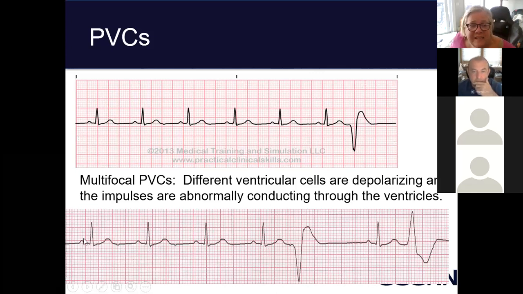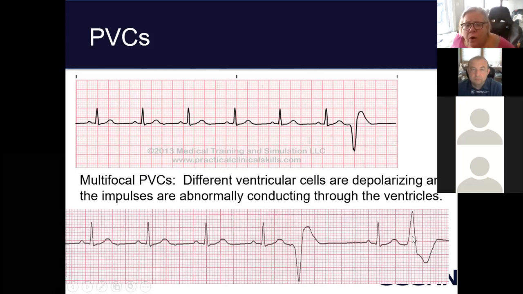Looking at this tracing, again, we've got P wave, P wave, P wave, QRS, QRS, QRS. We've got, what the heck is that? Oh, we recognize this one. And then what's this?